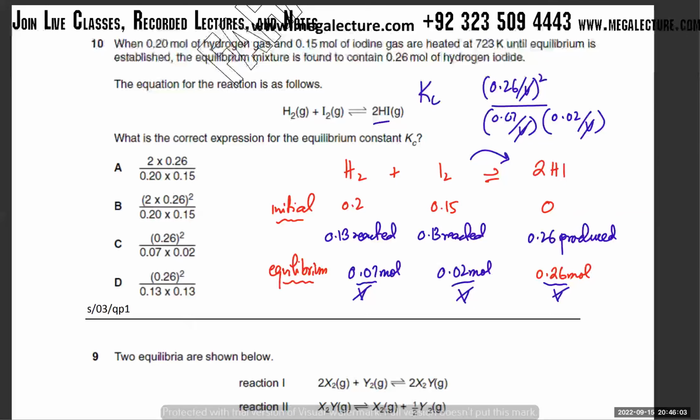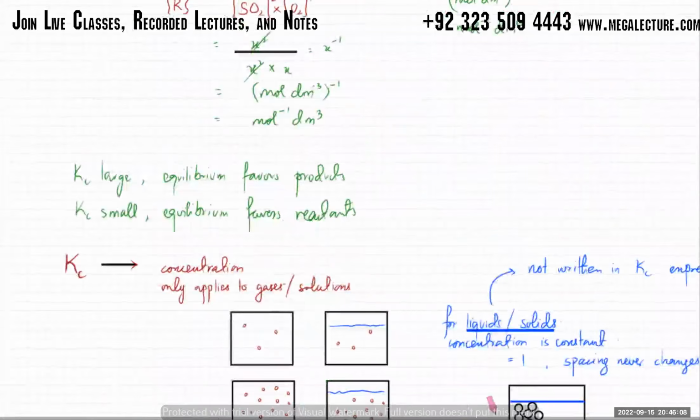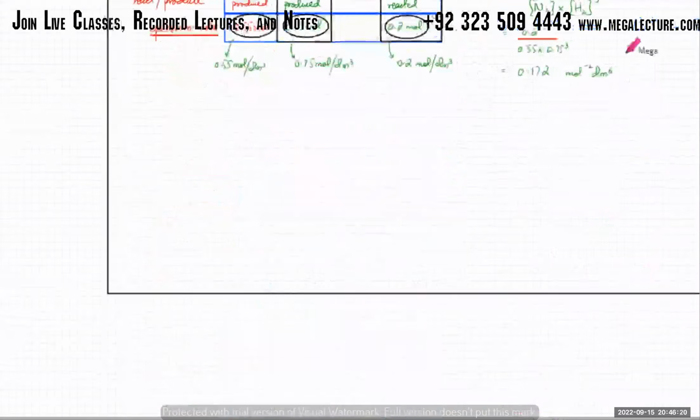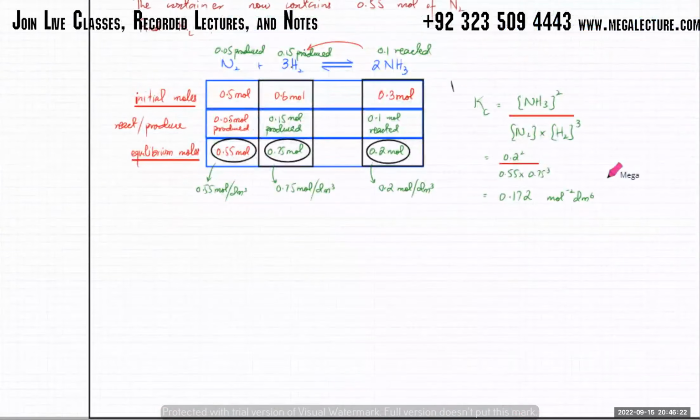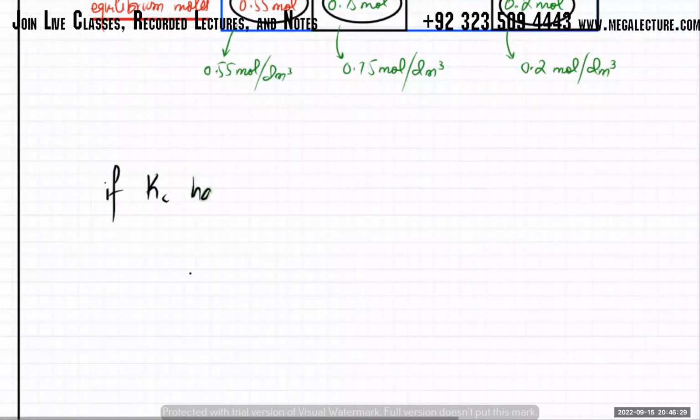So note one point, specifically when Kc has no units. Okay, this was the last point, okay, let's finish. Just remember this point: if Kc has no units, then you can use moles directly.